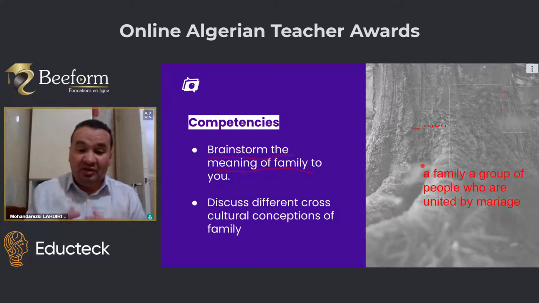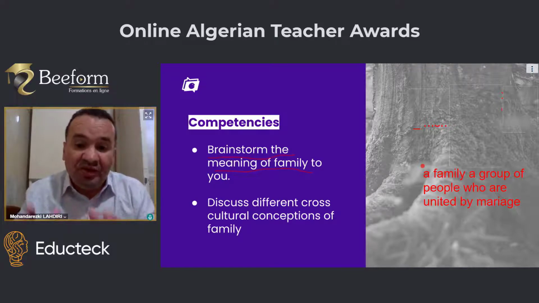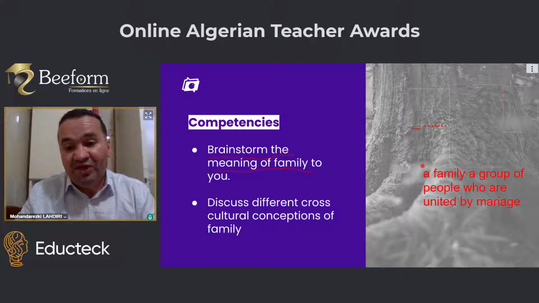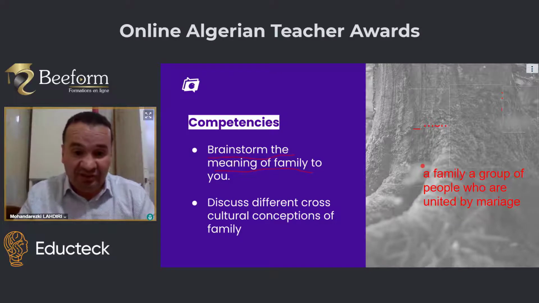So here, with the help of the brainstormed words, we understand that a family is all about blood link, marriage, love, and of course shelter and else.